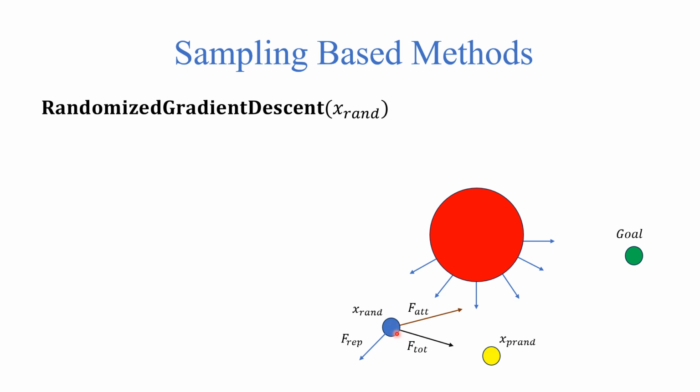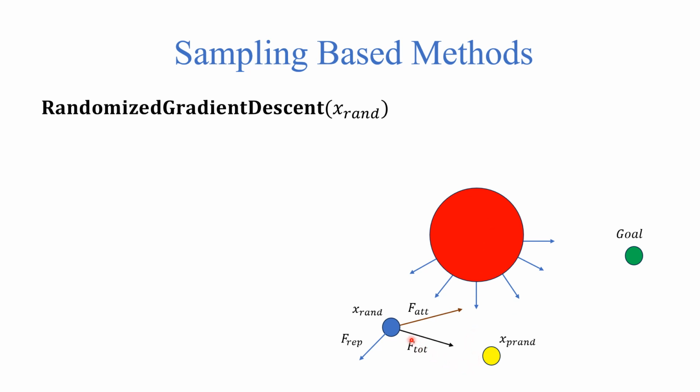So once we compute both forces, the attractive and the repulsive forces, depending on the obstacles and the point location and the goal location, we will arrive at something called a total force, which would indicate to us a direction in which if we moved, we're going to decrease the potential function created by both the goal and the obstacles, which would hopefully guide us towards the goal in the long run.